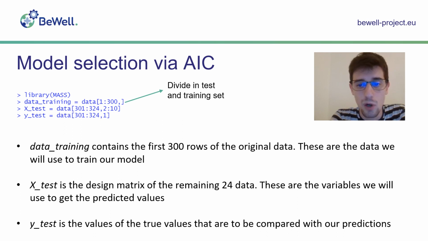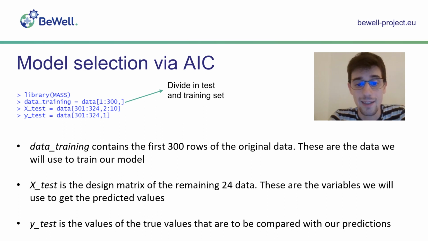Then, for purposes that will be clear in a minute, we divide the available data into a training and a test set. In particular, we define an object named training_data that contains the first 300 observations, which are the data we will use to train our model. Then, regarding the test set, we define two different objects.